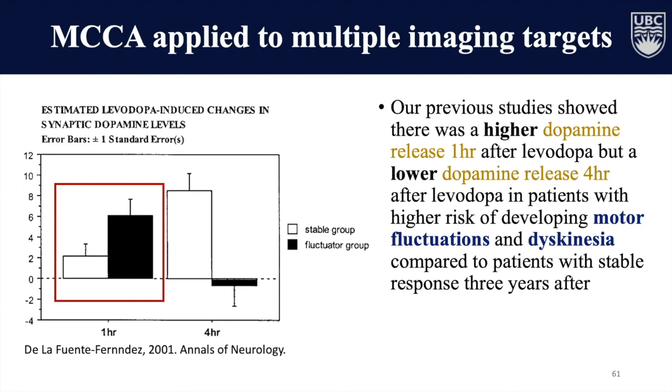The fluctuator group showed a higher dopamine release 1 hour after levodopa, a lower dopamine release 4 hours after levodopa. So this rapid increase in dopamine release at 1 hour was therefore interpreted as abnormal. And in patients with higher turnover, this rapid decline in synaptic dopamine may be sufficient to result in reduced motor benefit 2 hours after levodopa.